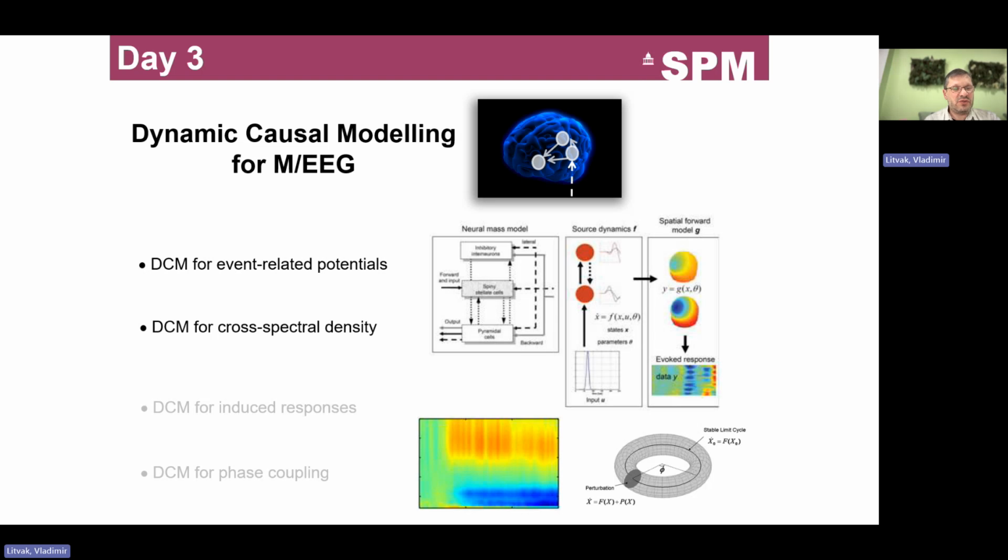We now have two common variants of DCM that people use. One is DCM for event-related potentials, and the other is DCM for cross-spectral density. Historically, there have also been simpler models for induced responses and phase coupling that you can still find documentation about, but we will not include them in the course right now.